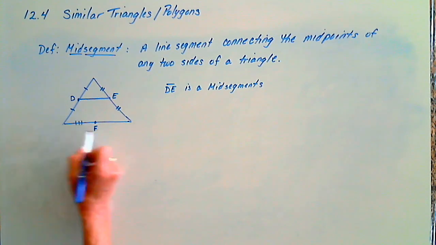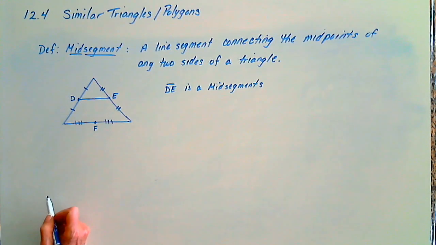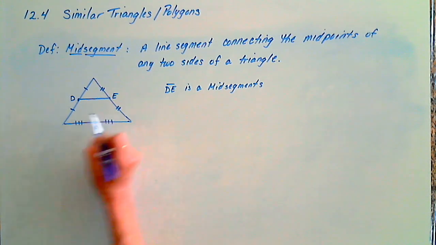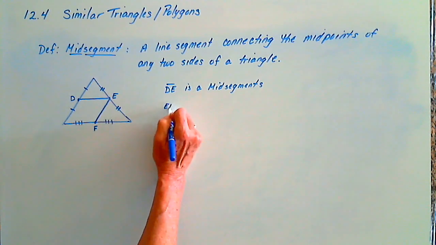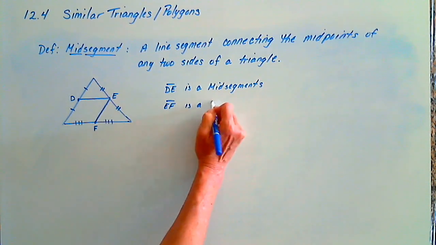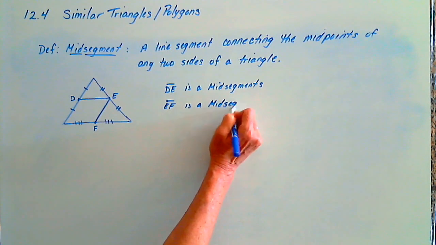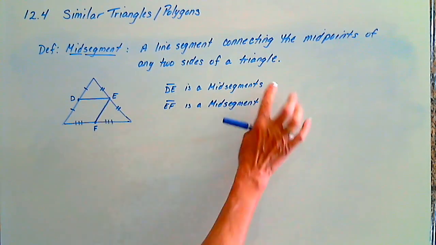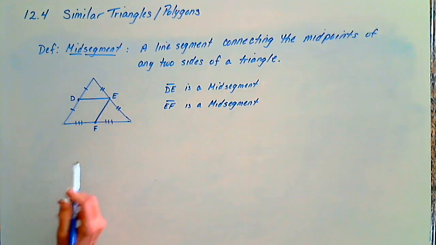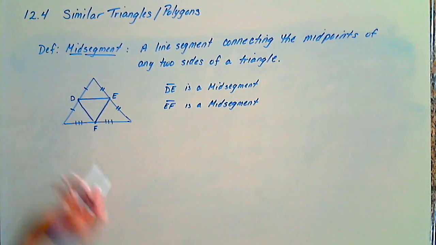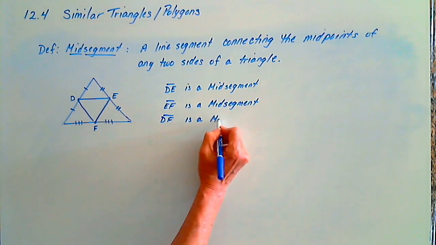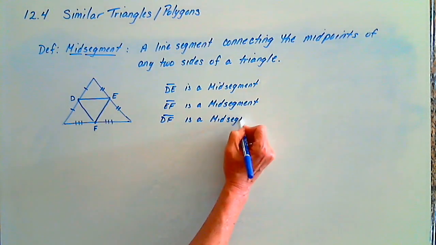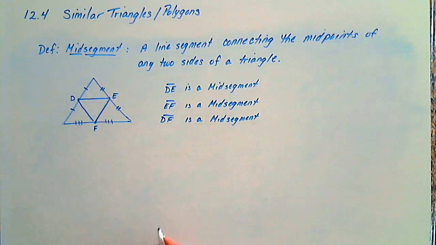Therefore, this line segment and this line segment are congruent, and I have now produced a midsegment from E to F. And similarly, DF is also a midsegment. So a nice activity to do is to construct and find all the midsegments of a triangle.